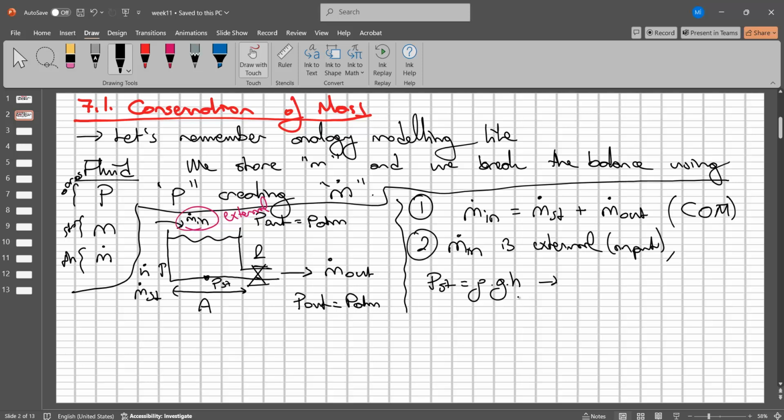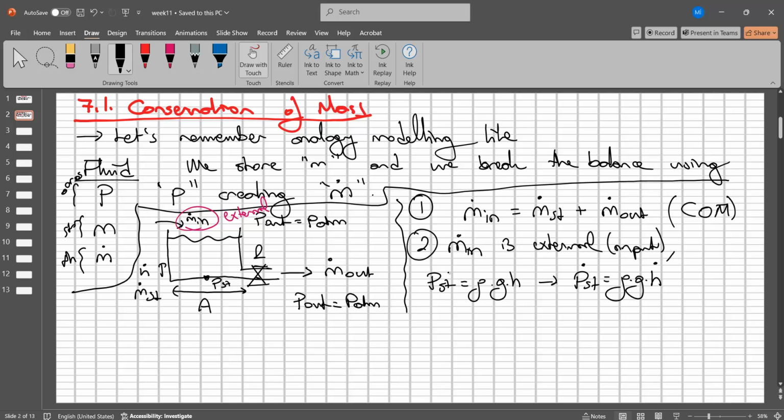If we have this information, which parameter is dependent on time in this case? Is rho dependent on time or not? G, H, right? Okay. And so PST dot is equal to what? The rho G H dot, right? This is the equation.